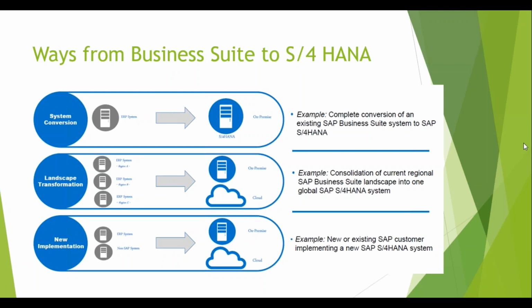If you are using three different systems currently in ECC, like region 1, region 2, region 3, it is the client's decision whether they want to use a separate SAP S4HANA system for each region. Normally not. Normally they will go for consolidation. So it is a strategic decision, but both options are possible. You can convert each and every system to SAP S4HANA, or you can convert all the systems together into one single SAP S4HANA system.